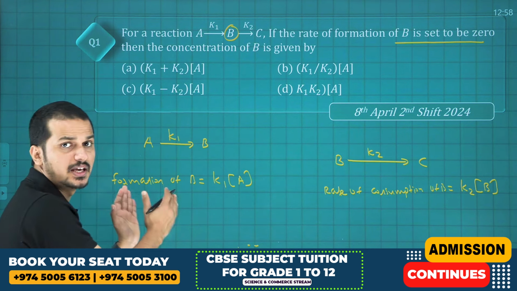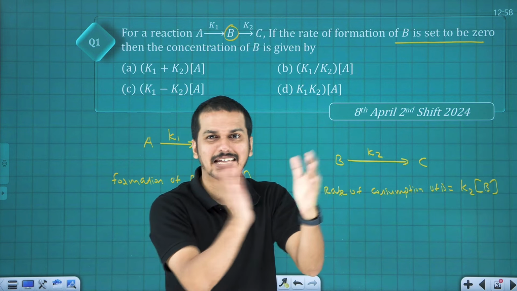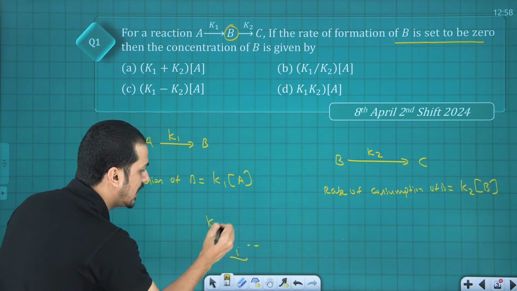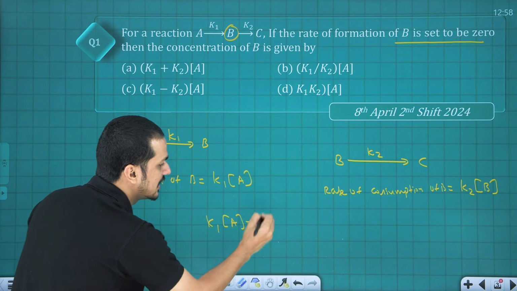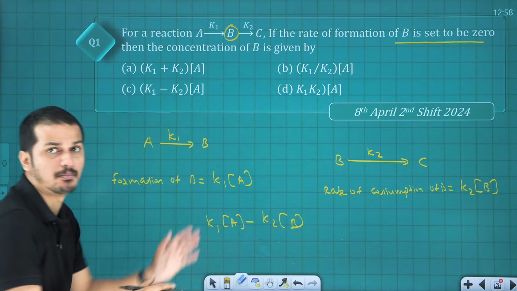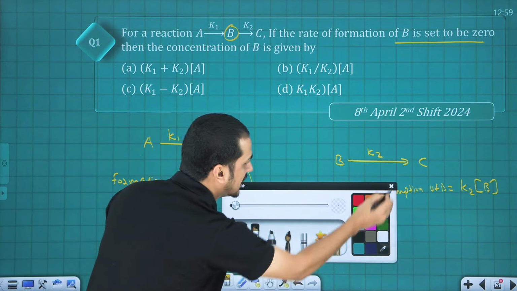So here B is forming, and here B is being consumed. The net change in B is K1A minus K2B. That much B will remain.